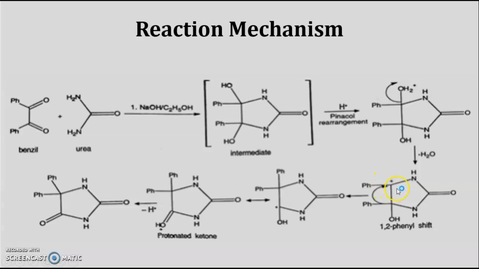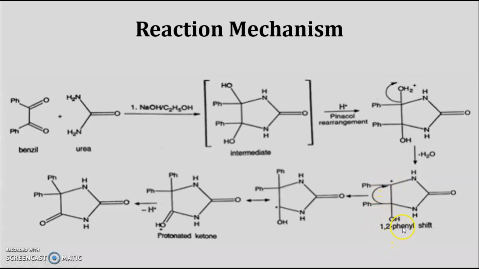Now as you see here, this carbon is electron deficient, due to which the phenyl group that is present on the adjacent carbon atom will be shifted towards this carbon atom. This shift is known as the 1,2 phenyl shift. So the phenyl group that is present over here will be shifted towards the second position. That's why it is known as the 1,2 phenyl shift.